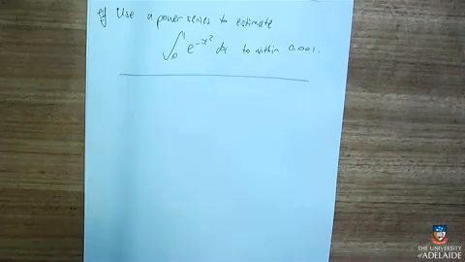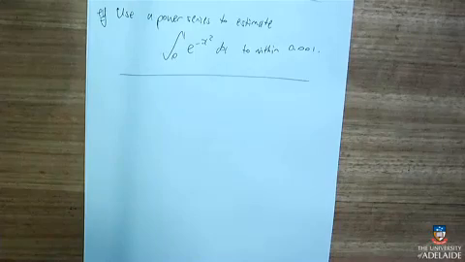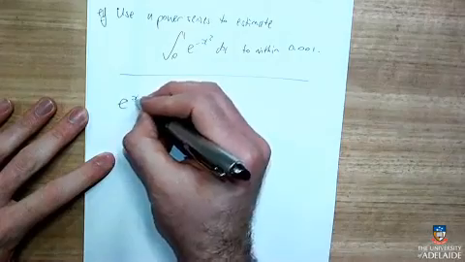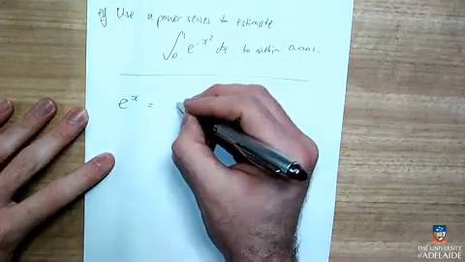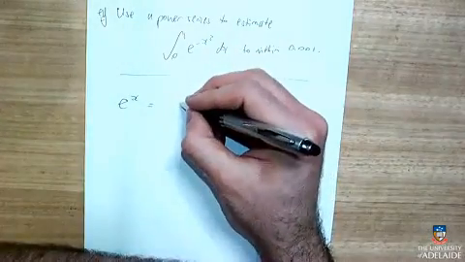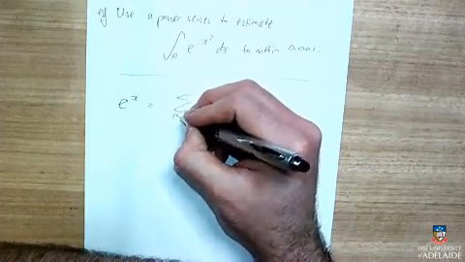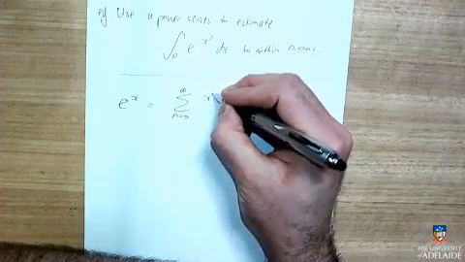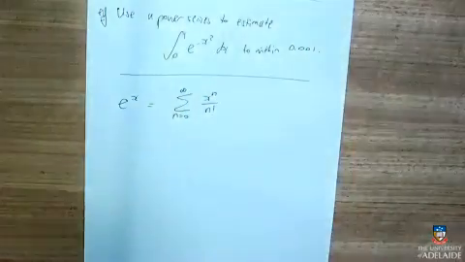And so we will write a power series for maybe e to the x, and then sub in the minus x squared. That's my guess. So e to the x I know for sure is the sum from n equals 0 to infinity of x to the power of n over n factorial.